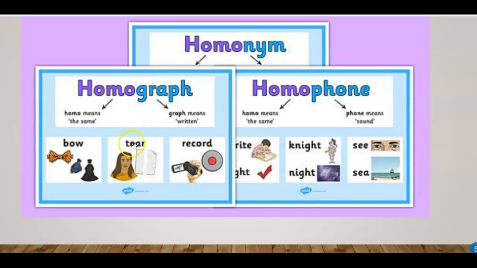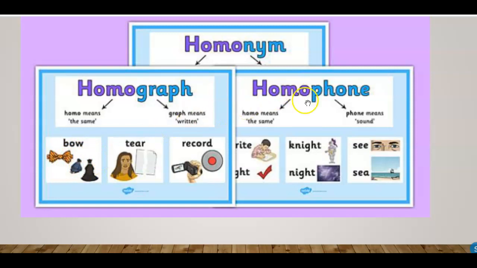Again, graph is about writing. Two meanings, and we pronounce it differently. Or this word, it can mean bow, as in a bow tie, but it can also mean bow, as to kneel before someone. Same spelling, but different meanings, and we say them differently.